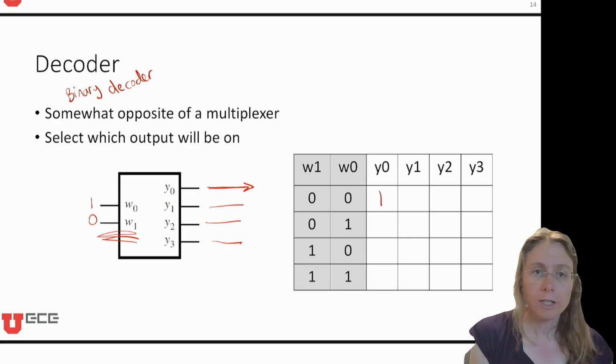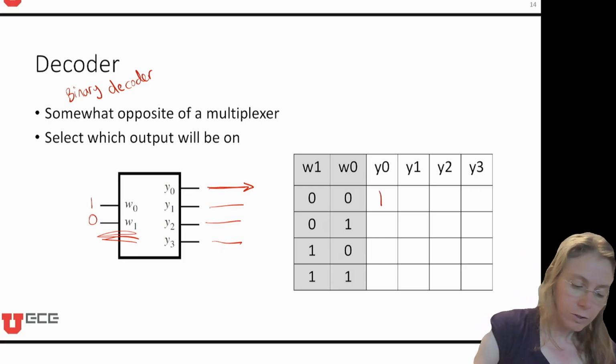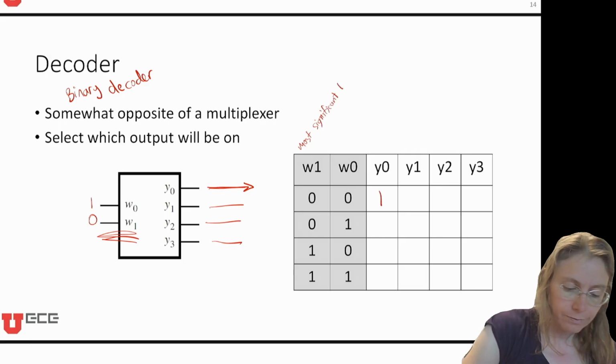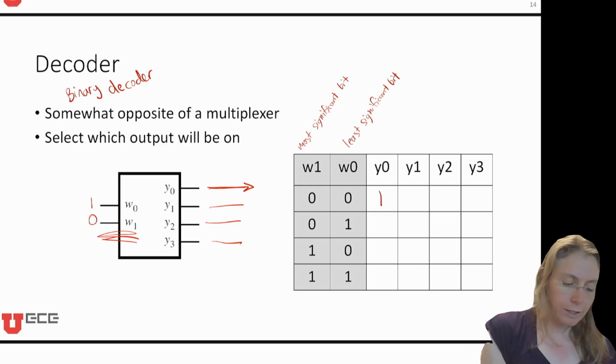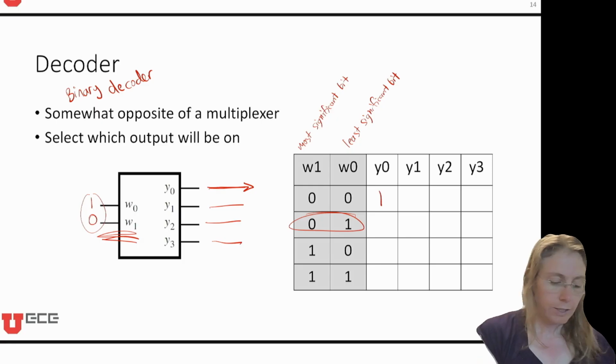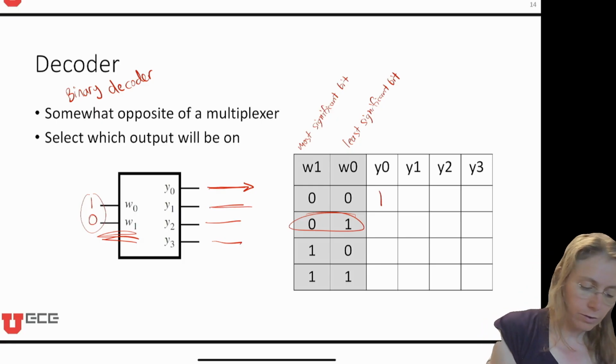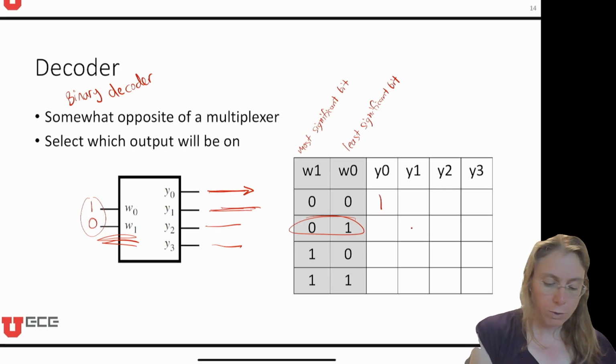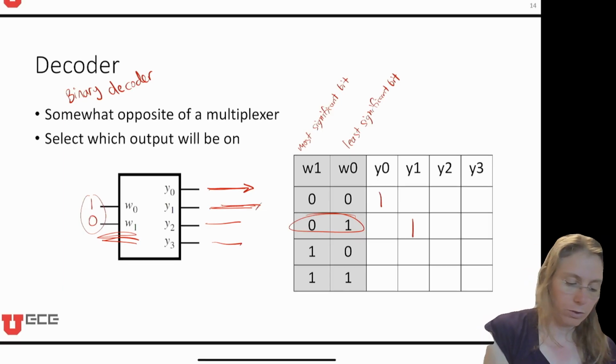Normally W1 refers to the most significant bit, and this is the least significant bit. So when I input 1, 0 like this, that's technically this row of the table, and my Y1 here is going to have an output of 1.